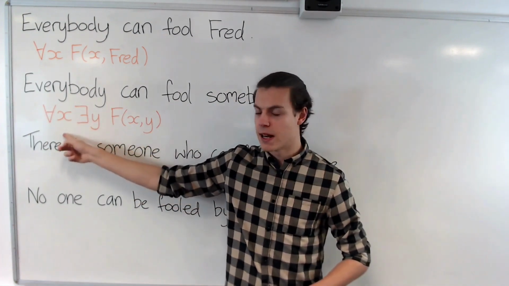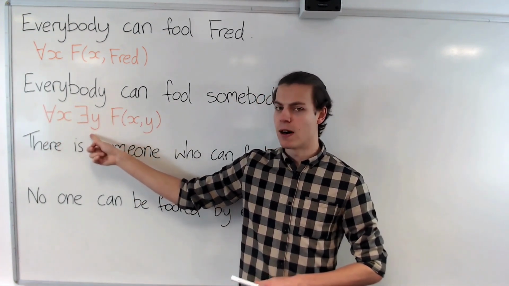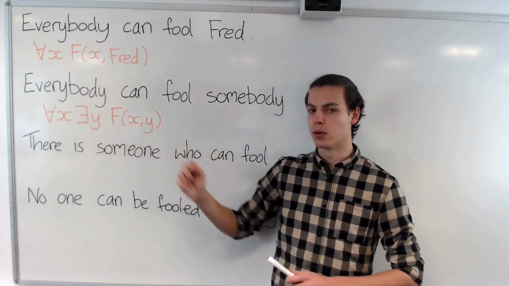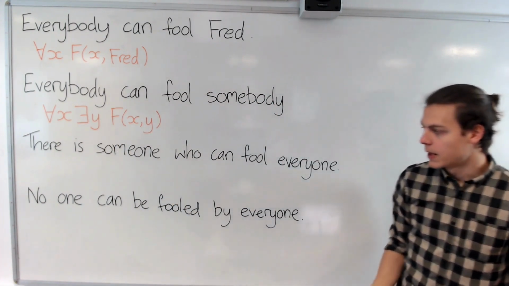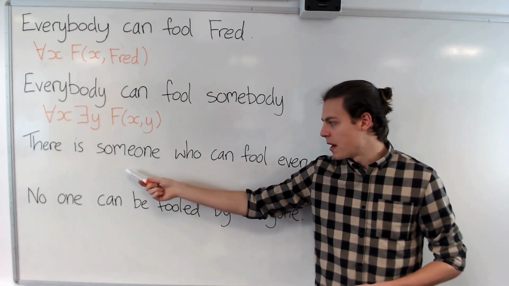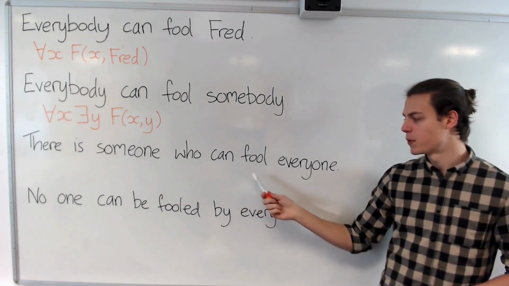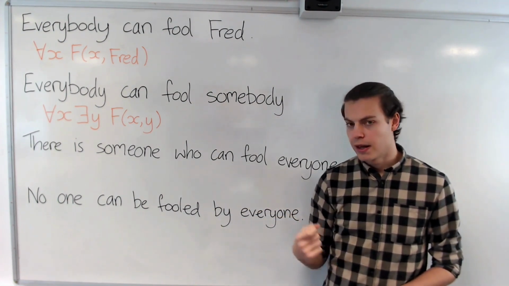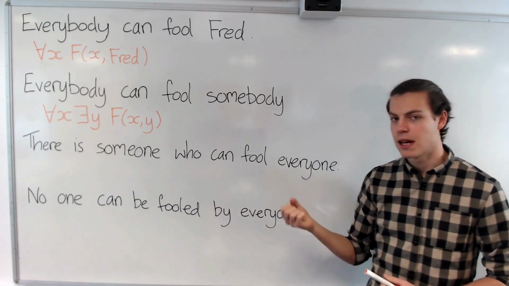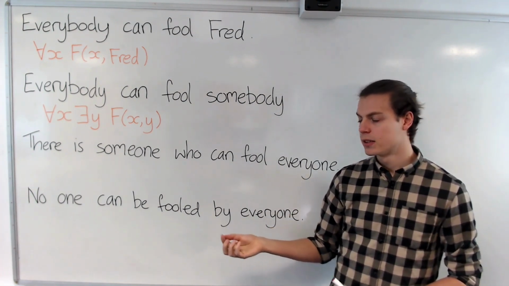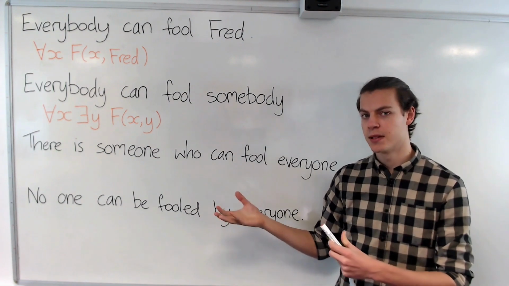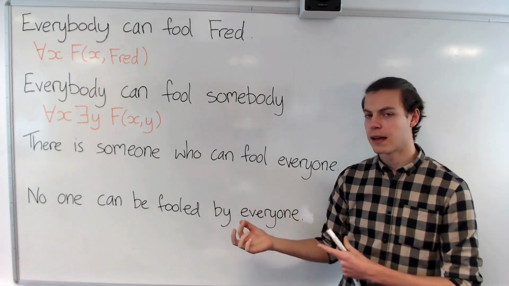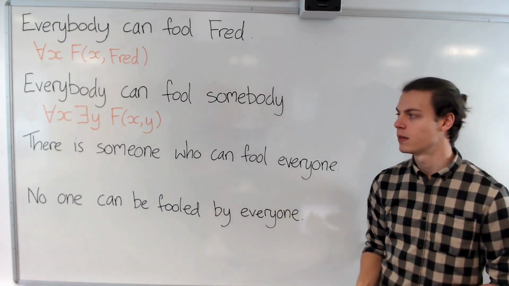So for any person x, there is a person y, such that x can fool y. Now our next statement says there is someone who can fool everyone. So this time we're saying there is some person x, such that for any person y, x can fool y.